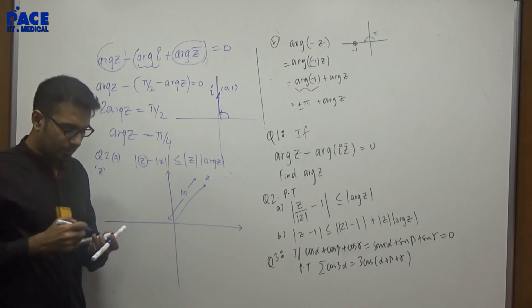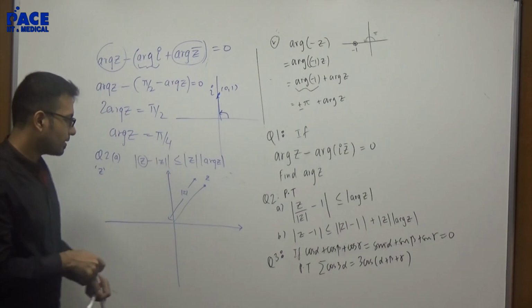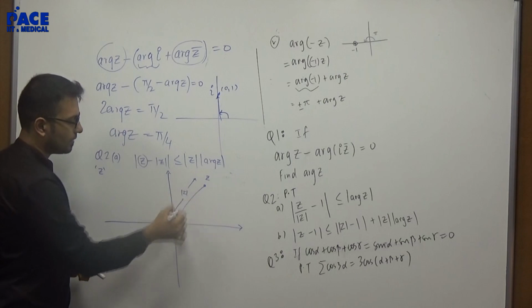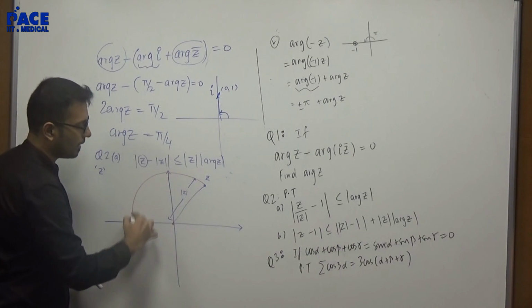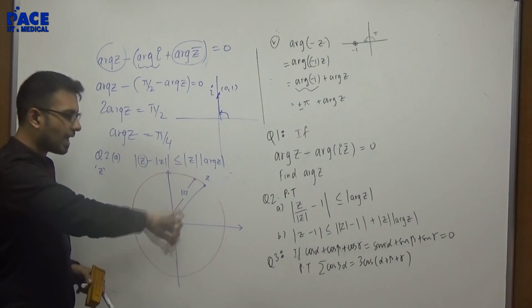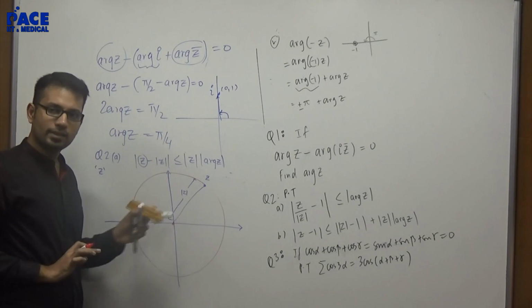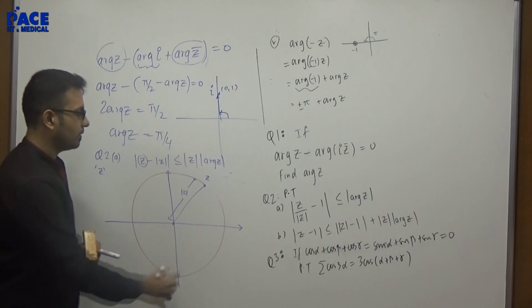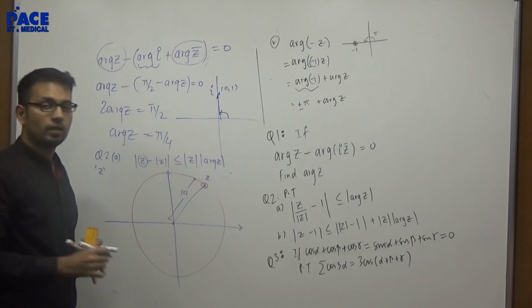Now what I'm going to do is this. I'm going to draw a circle with center as origin. ठीक है? Circle का radius क्या है? Mod z is the radius. Okay. Now this is a complex number z.